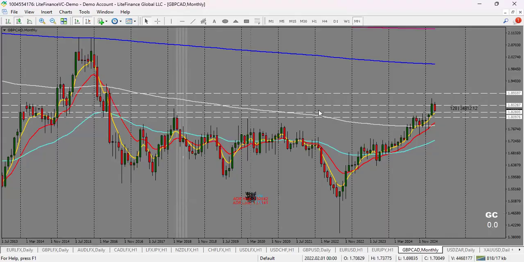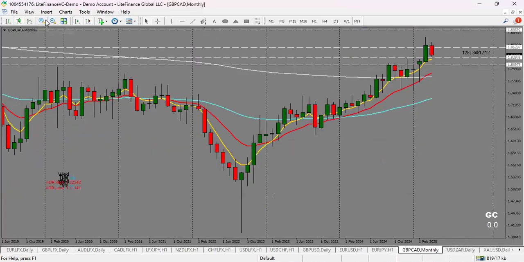Okay. So we have been following Pound CAD for a while, and we had a very good bullish market structure here for like 2 months. You can see how this month's candle has opened, and you can see the retracement going on.